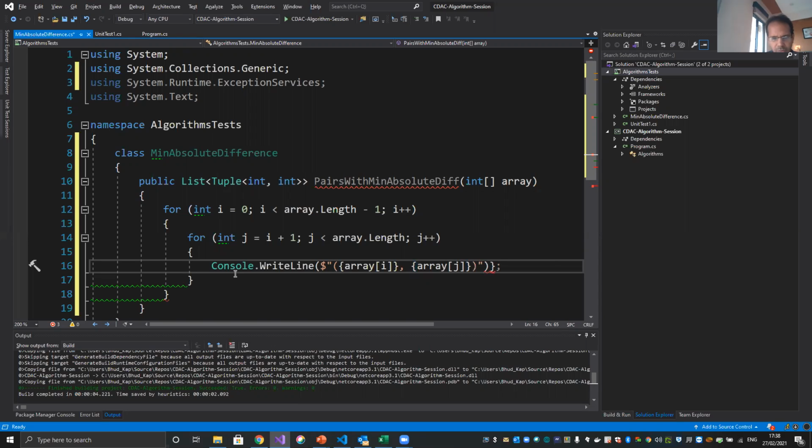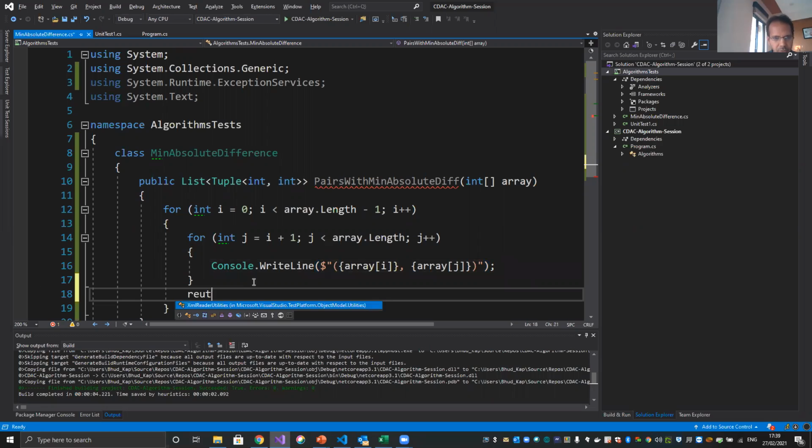Okay, that seems right. Comma, array j. Okay, so let's run this and let's return null so that it starts compiling.